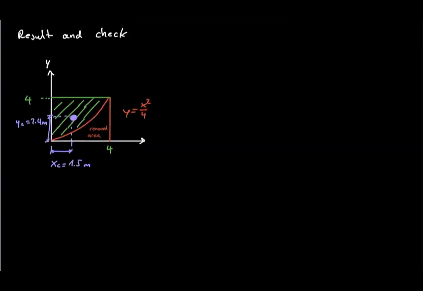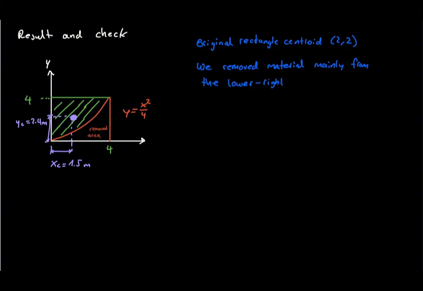Therefore, the centroid of the remaining plate is located 1.5 meters from the left edge and 2.4 meters above the bottom edge. Before finishing, we should check whether this result makes physical sense. The centroid of the original square was exactly at 2 meters and 2 meters. We removed material primarily from the lower right portion of the square.